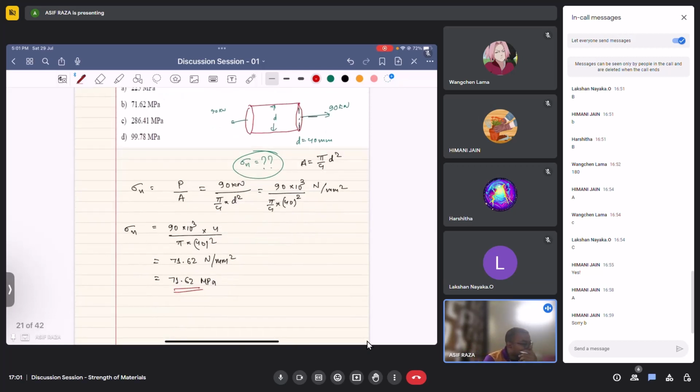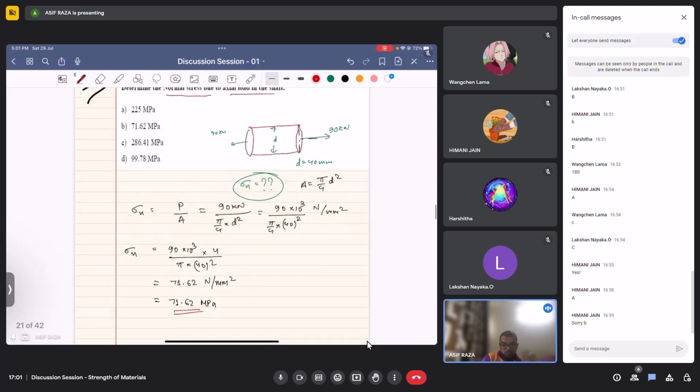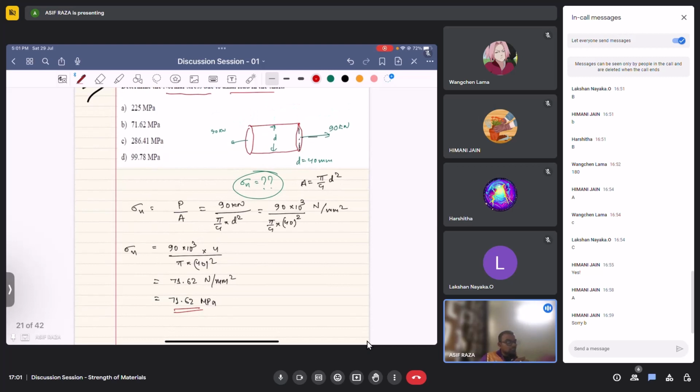Himani, initially you said option A, and then you're saying option B. What did you do wrong? You can unmute yourself and say.